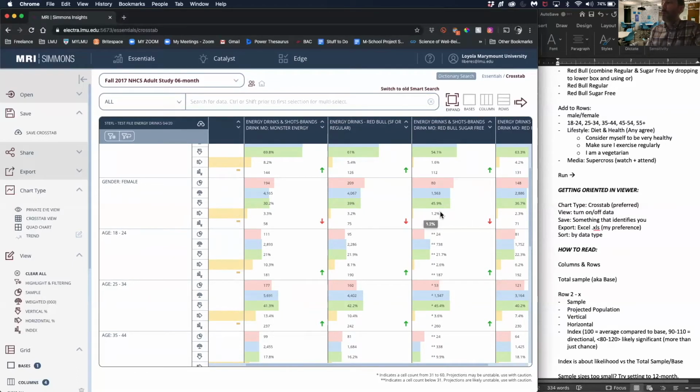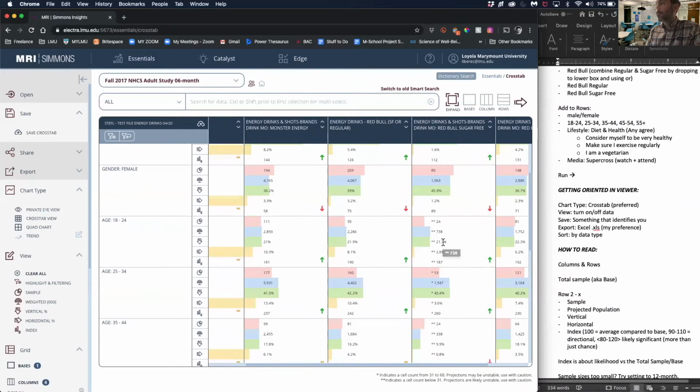That's 1.2%. It's a much smaller penetration of all females. But if you look at the math, that's still 1.5 million females, 1,563,000 females. Granted, it's a small percent, but it's a lot of people when you're spending $3 to $6 per beverage a couple times a year. So you can see that adds up pretty quickly.